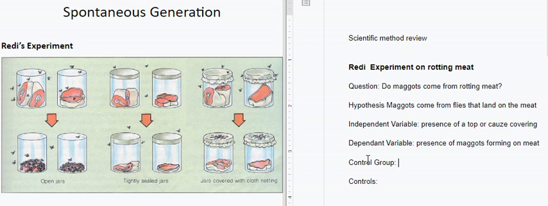A control group is one group of your experiment setups that is used for comparison. It is not manipulated. The one setup in this case that is not manipulated or changed by the scientist is this first group with no top.